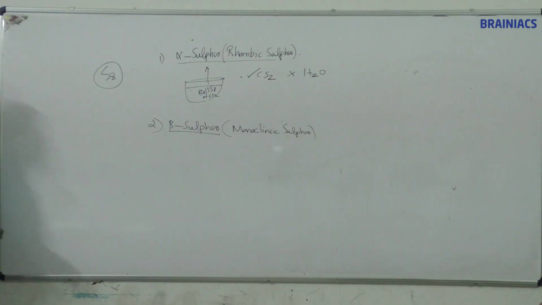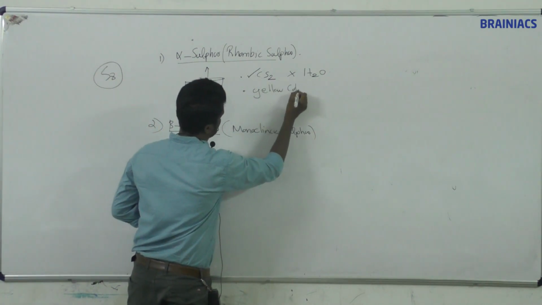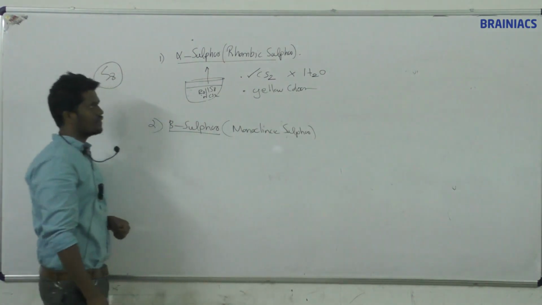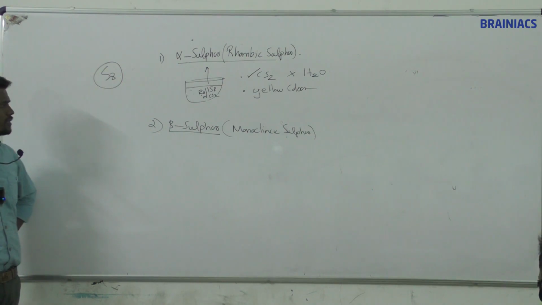So it is not soluble in water but soluble in CS2. It is a yellow colored alpha sulfur. Okay. So how is beta sulfur or monoclinic sulfur formed?